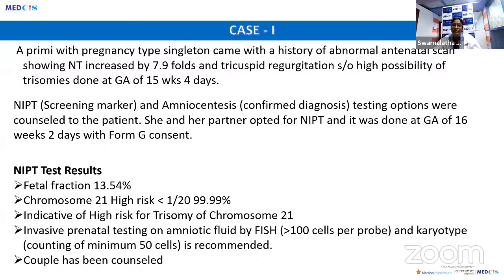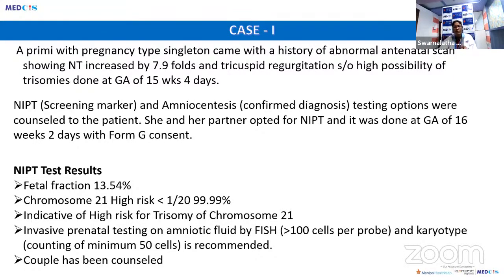So NIPT and also amniocentesis testing options were given to the patient, as she had a high risk for the trisomies, because the NT soft marker was very significant for the high risk possibility. The patient and her partner were consented for the NIPT testing.